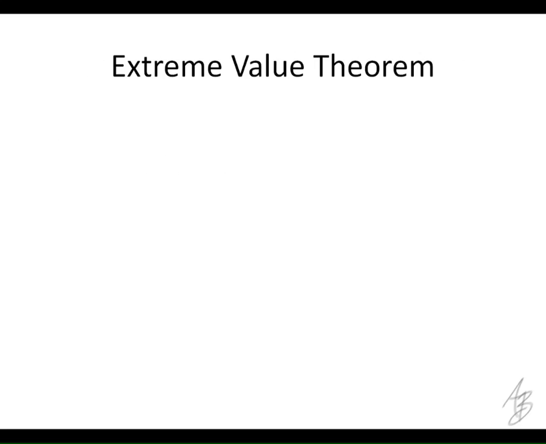And it's a theorem that's called an existence theorem. The extreme value theorem doesn't tell us how to find the extreme values, but it tells us when extreme values exist. So existence theorems are useful to tell us when something's going to happen, but it's not useful in telling us how to figure out where it's going to happen, if that makes sense. And I'll explain that more later as we do some examples.